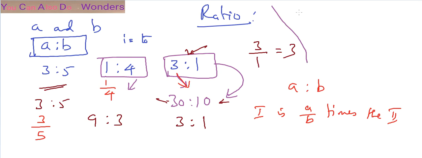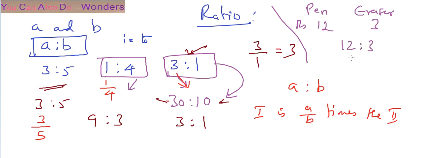Okay, let's take some example. In a stationery shop, the cost of a pen is say 12 rupees, and the cost of an eraser is say 3 rupees. So what's the ratio between these two costs? 12 is to 3.